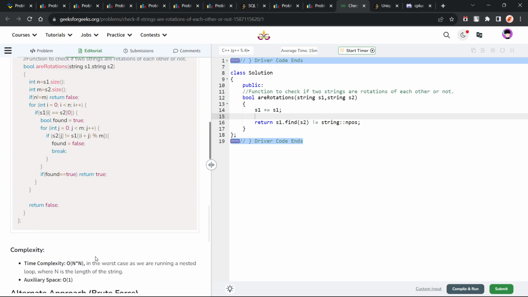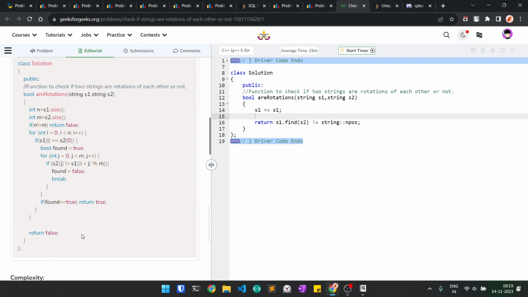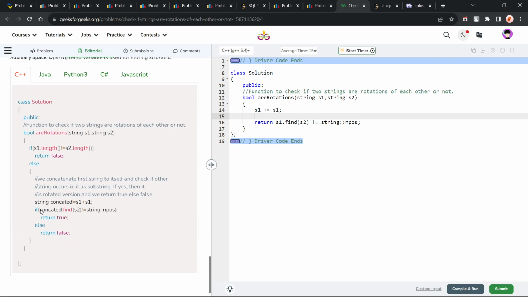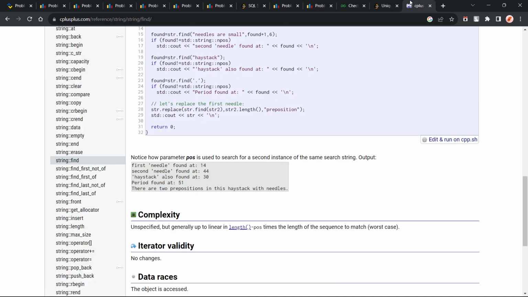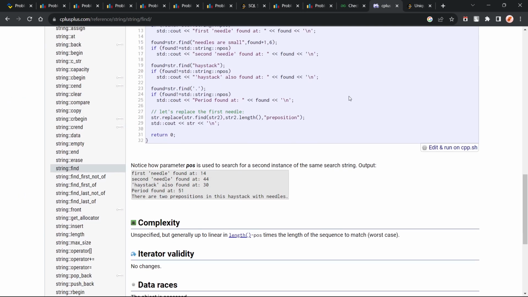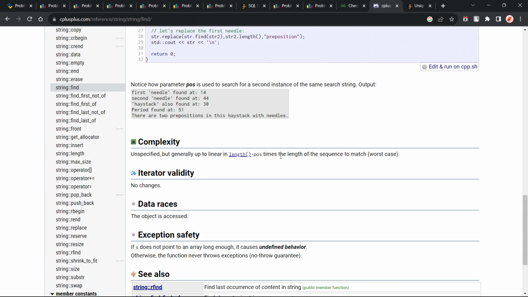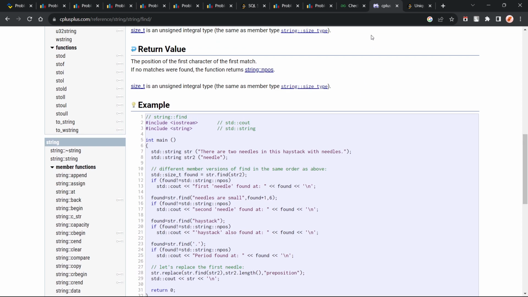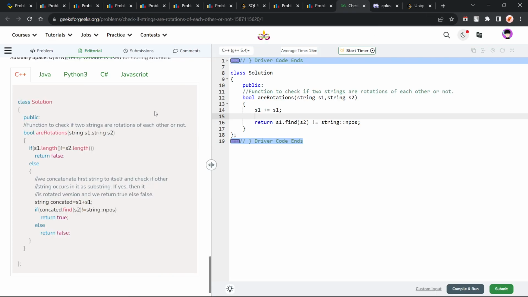Yeah, so they have shown a couple of other methods as well, n square methods, but definitely we cannot rely on this particular method only because the time complexity is unspecified on the C++ documentation, right? That is the only reason I'm saying not to rely on this particular function, but yeah, you can use it normally. So that was it for today's video.